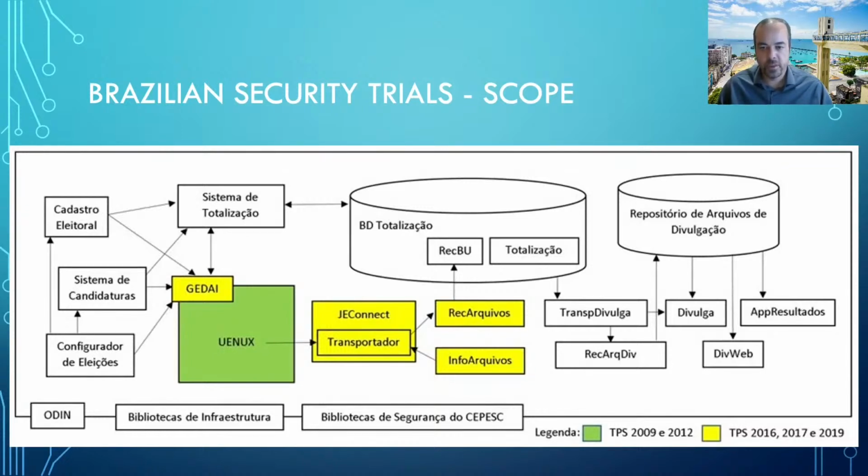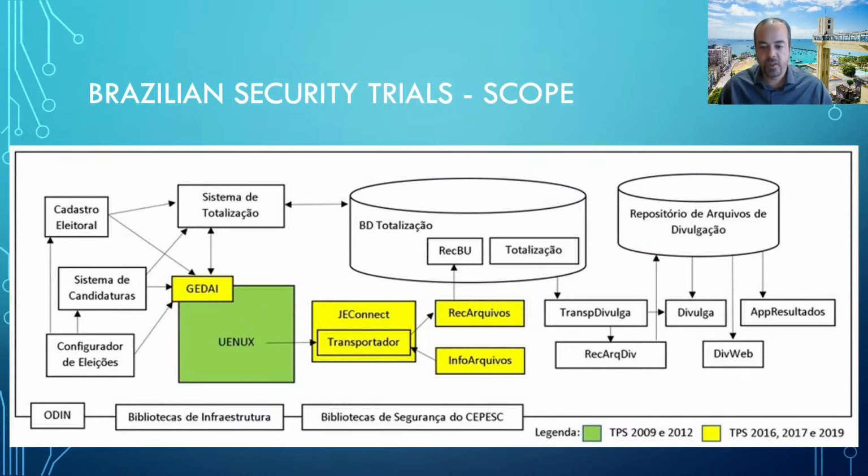computers that are installed at the regional election authorities that are used to generate the media that's installed on electronic ballots. You have the software for the electronic ballot itself, which is a modified version of Linux. You have the transporting software that sends the results back to the election authority, which is a Java application.